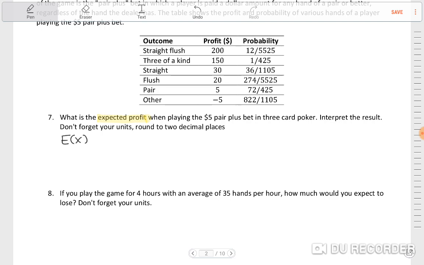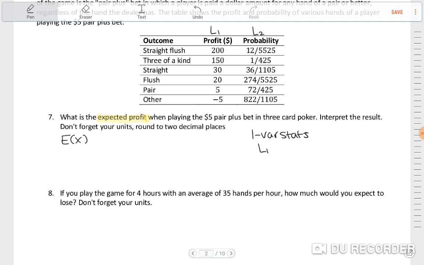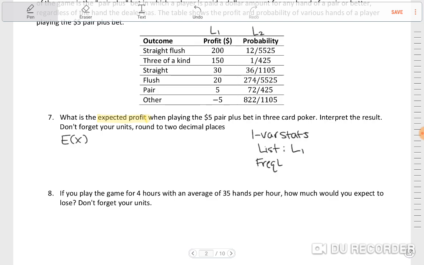Your first list is going to be your profit. This is L1 here. This is L2. And so you're going to do 1 var stats, and you're going to do list is going to be L1, and then frequency list is L2.